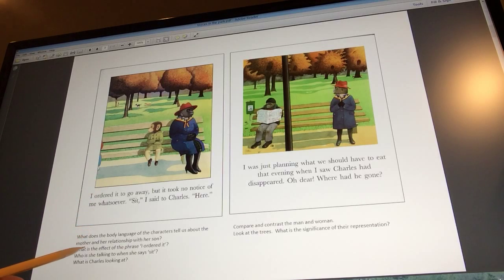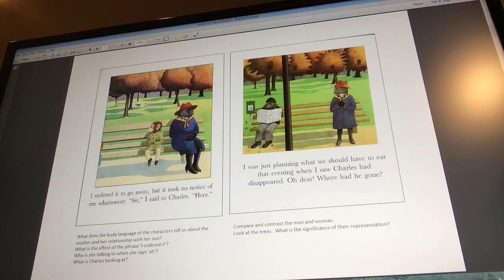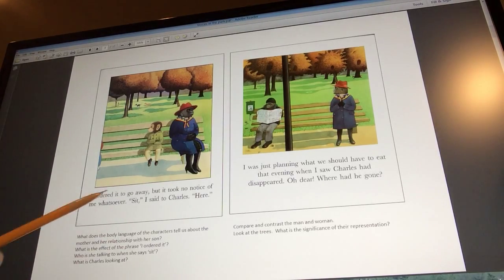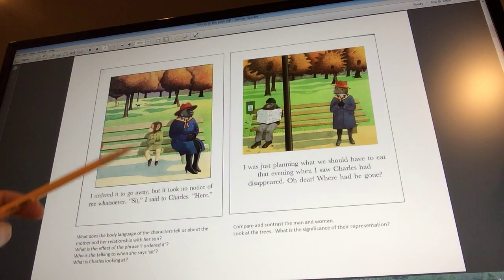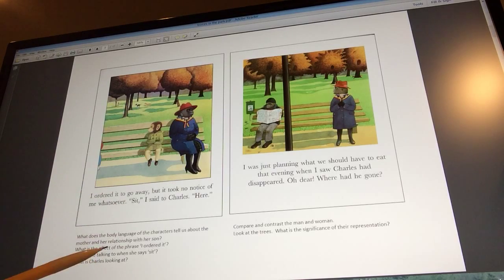What's the effect of ordering the dog to go away and then using these words sit and here to Charles? You know, she's someone who's very much in control. And in fact, the way she talks to her son is the way that we might talk to a dog. She uses commands. Sit. Here. And this is the way she speaks to her son. It's not the way she speaks to Victoria the dog.